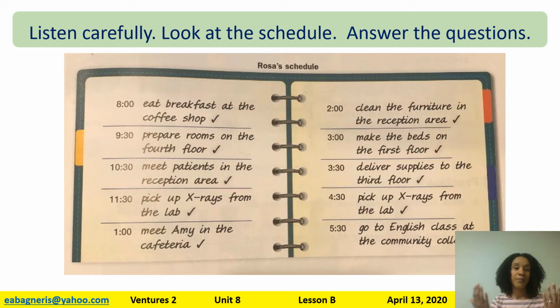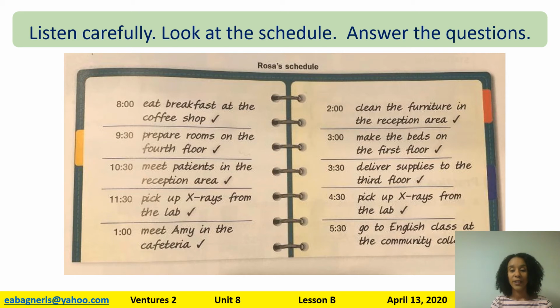Maybe you have ordered pizza. Sometimes if we order pizza, the pizza man will deliver the pizza to our house. You call and he will deliver the pizza. So to deliver is to bring something to someone else, okay? So at 3:30, Rosa delivered supplies. Where? To the 3rd floor.